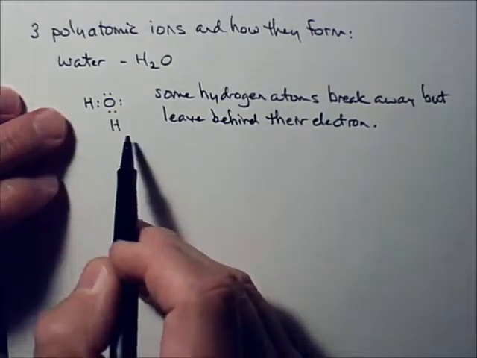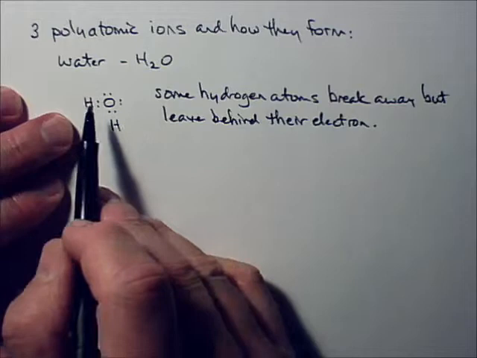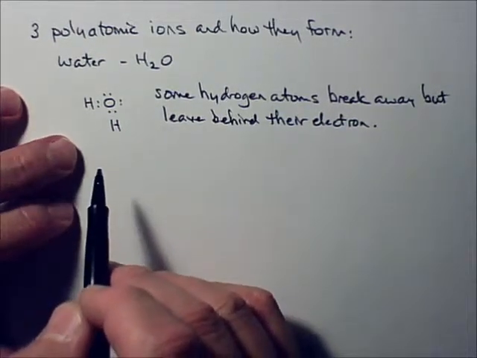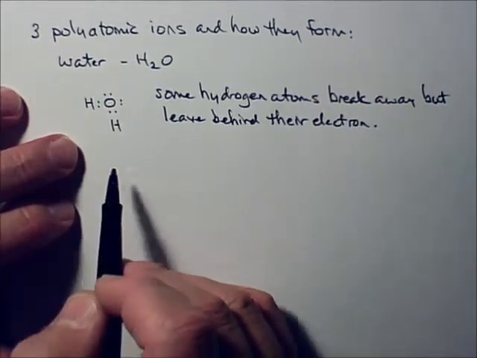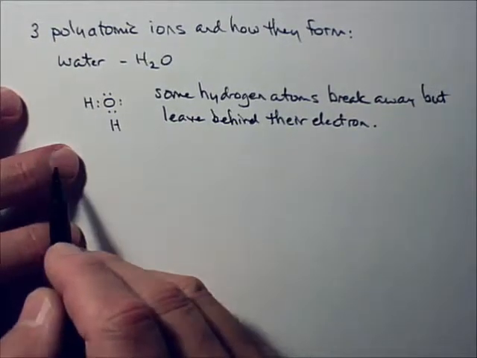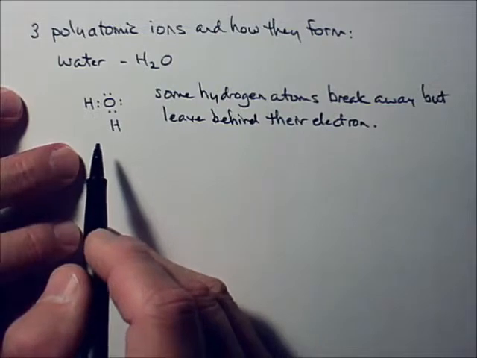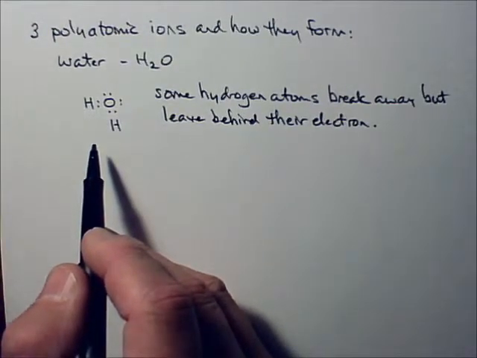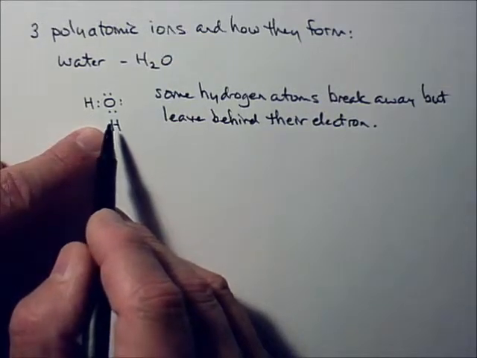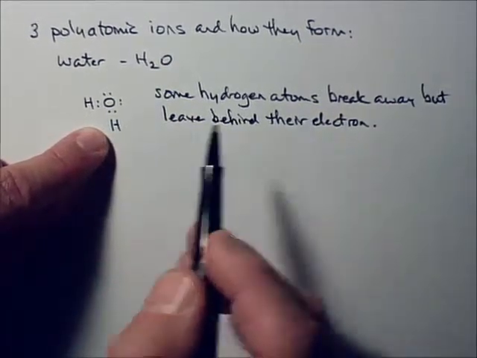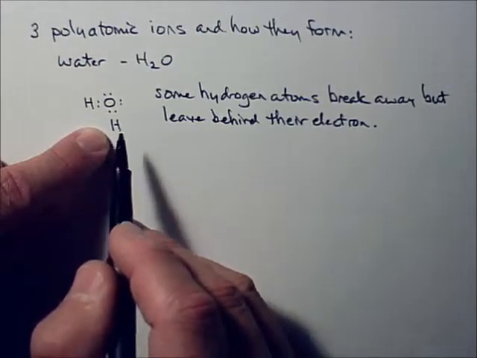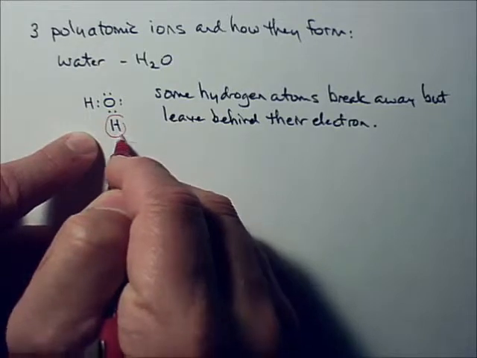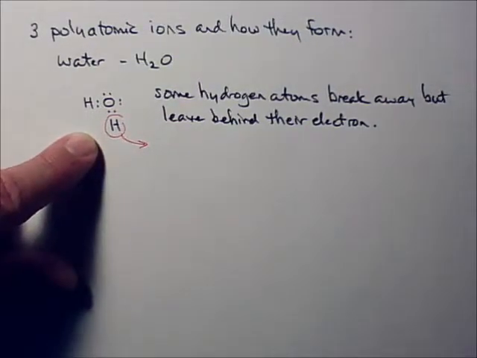Remember, when we made this Lewis dot formula, we had hydrogen and oxygen electron dot formulas and showed how the electrons are shared to form a bond. That hydrogen had one dot, one electron, in this bond. But here it's going to leave without its dot, without its electron. Bye-bye. It's going to go away.